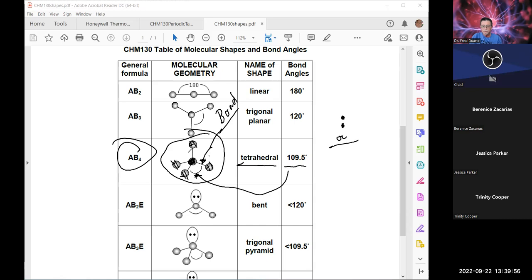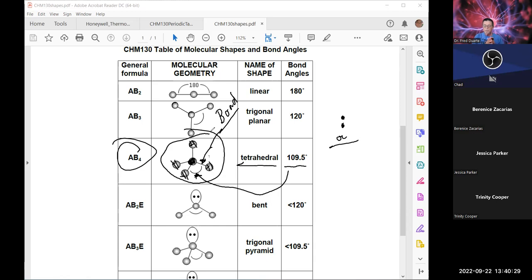Count the number of bonds around the central atom. There's 4 bonds. Each bond has 2 electrons. Guess what? 8 electrons around the central atom, that magical 8. And being negatively charged, they are separated from each other as much as they can, given the space that they're in. And so that's the configuration that they end up with when you have 4 moieties bonded to a central atom.